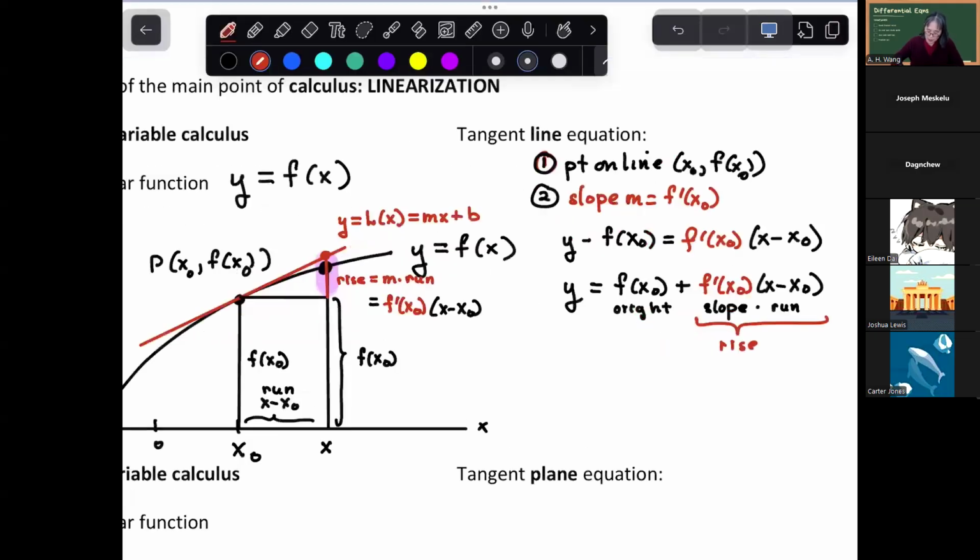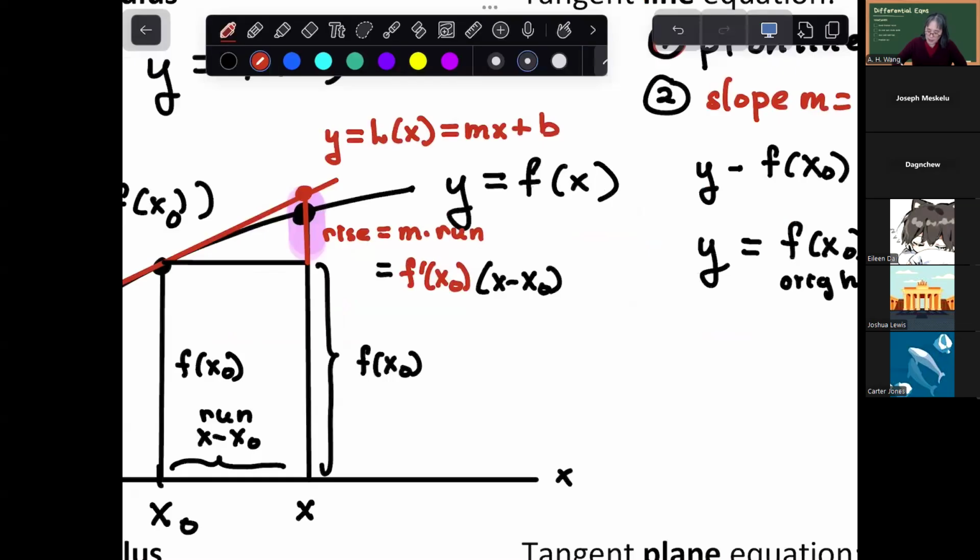And so what you're going to get, instead of getting the actual, this is the actual height. Oops, let me get this. The actual height is this, right? What you're going to do is approximate that by this. And what it is is this portion, the original height, plus the height that you get from the rise. Okay, so that's the main idea.